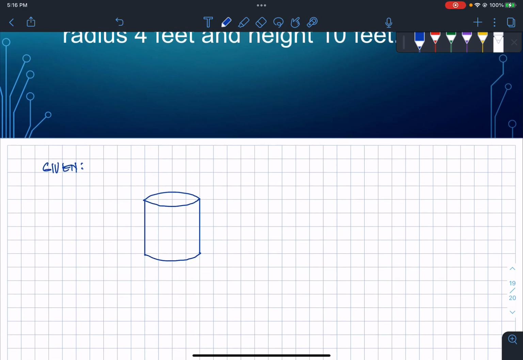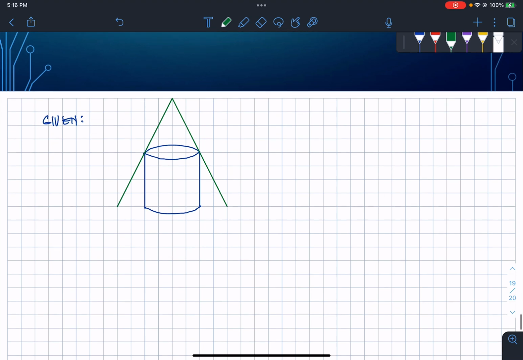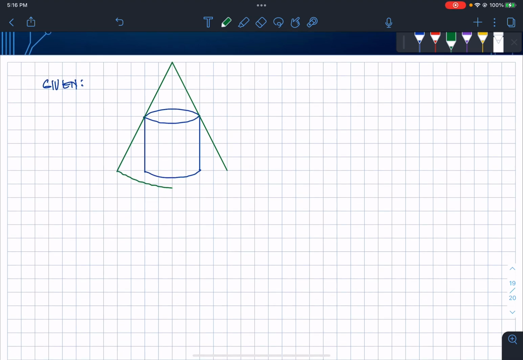So we have a right circular cone. So that would be the right circular cone.